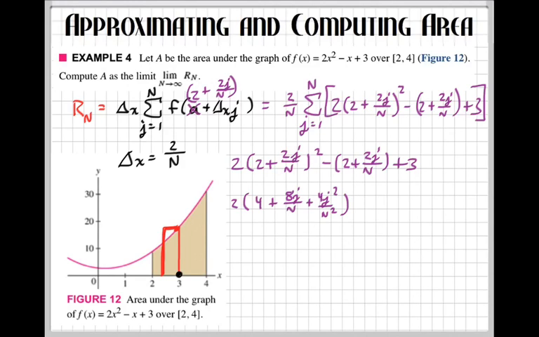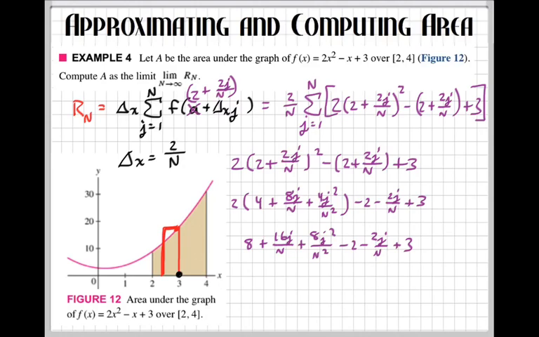Then we multiply everything by 2. This is going to be minus 2 plus 2j divided by n, then plus 3. And then I distribute that 2 to get 8 plus 16j divided by n plus 8j squared divided by n squared, minus 2j divided by n plus 3.